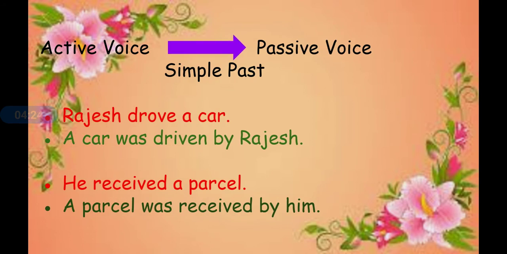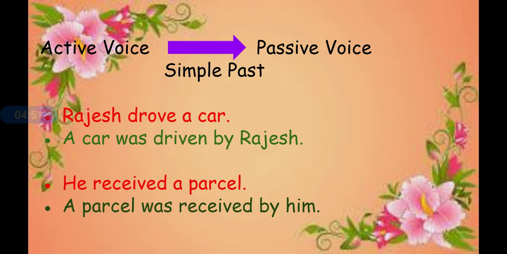Now let us know how to convert from active voice to passive voice when the sentence is there in the simple past tense. Rajesh drove a car. In this sentence, subject is Rajesh, drove is the verb which is there in simple past tense and a car is object.